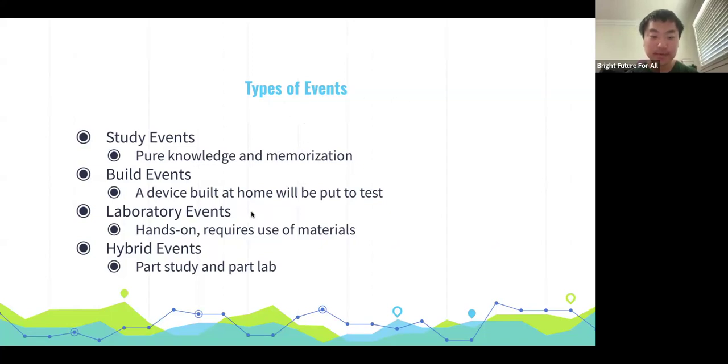And then you have laboratory events, which I'd say are kind of in between study and build events. There's a hands-on component that requires the use of some sort of materials. For example, one of the other events that I did was water quality, and most of it was a study event. We had to answer questions about different aspects of water quality, like testing for contaminants, also some ecology questions.